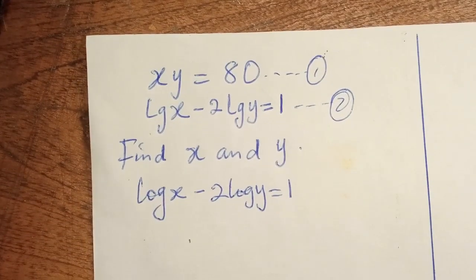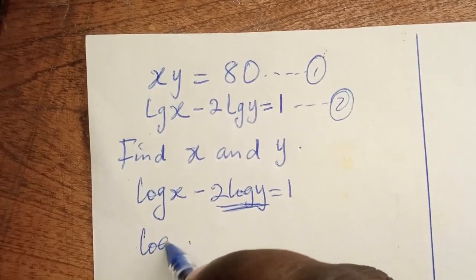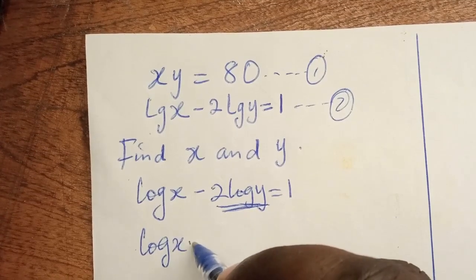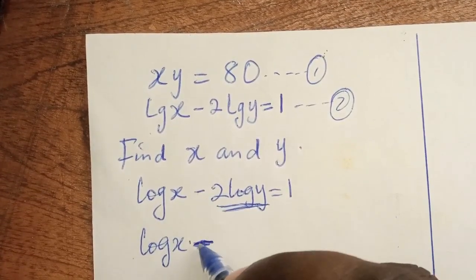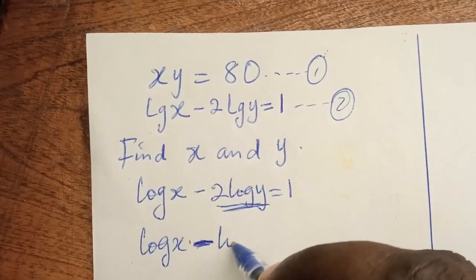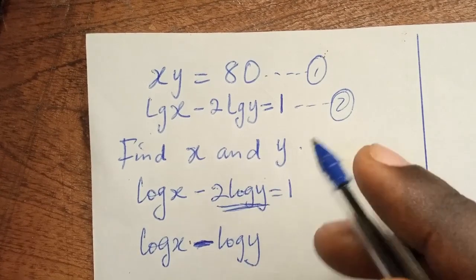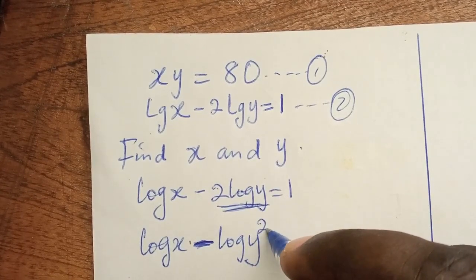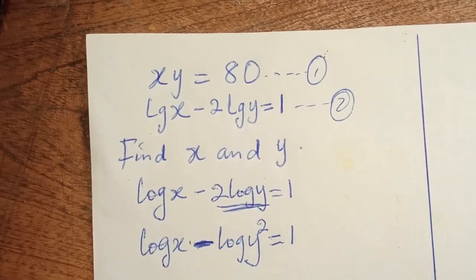This is the same as log x minus, the same minus that you can see here, log y. The 2 will come above y, making y squared, equal to 1.